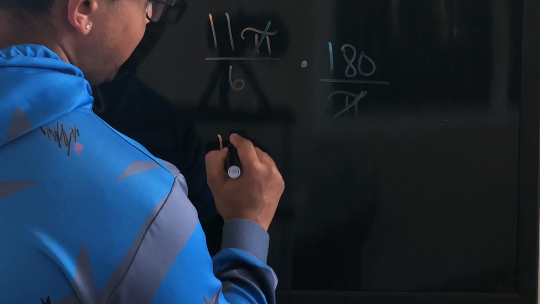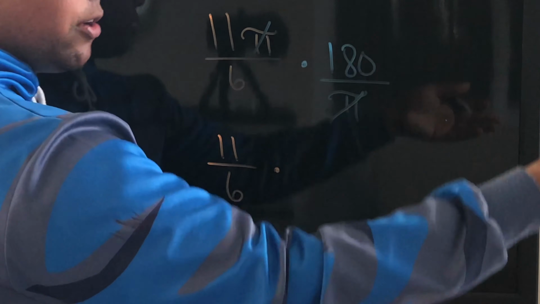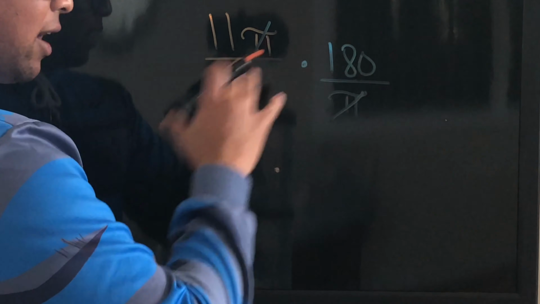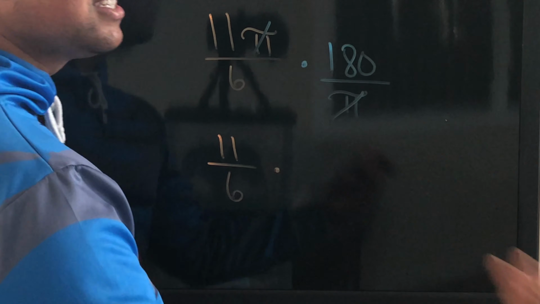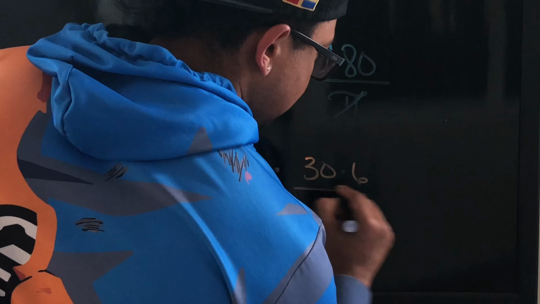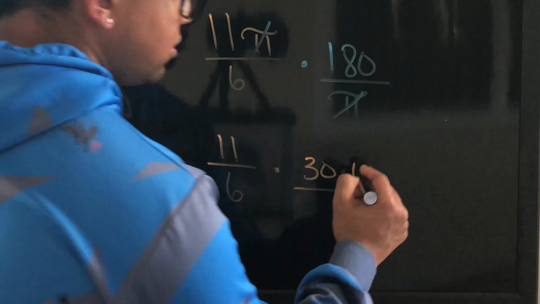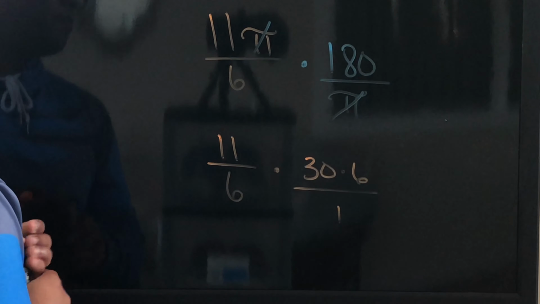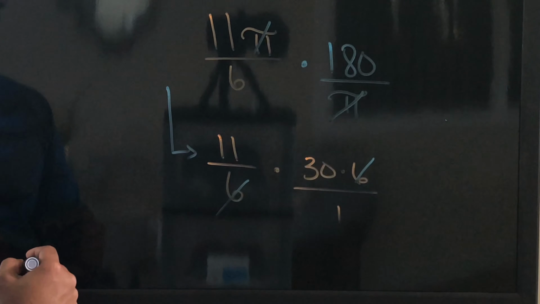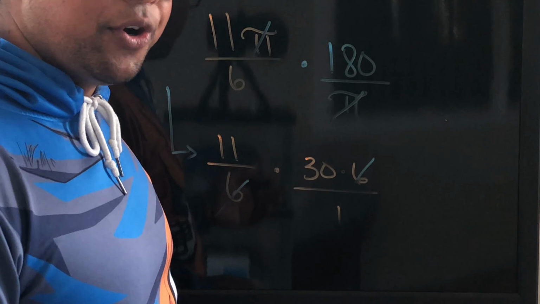So now you're going to keep 11 as it is, and 6 as it is. Now, remember how in the other example 60 times 3 was 180? But now, being that we have a 6 here, you can take 30 times 6, and that will give you 180. So you're going to get 30 times 6 over 1, which equals 180. The good thing is you'll see that these 6's cancel. Now you're going to multiply 11 times 30.